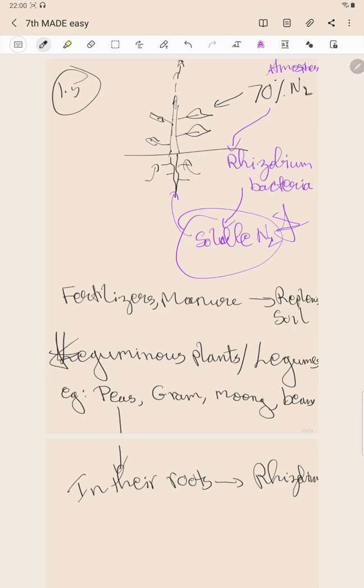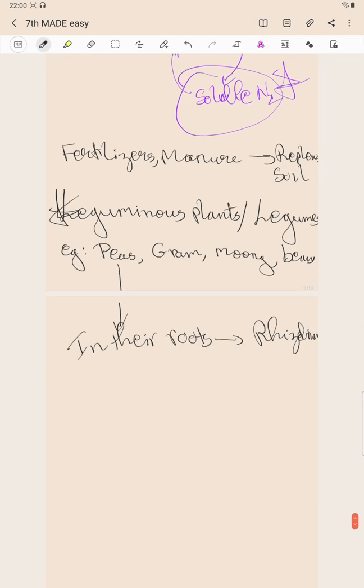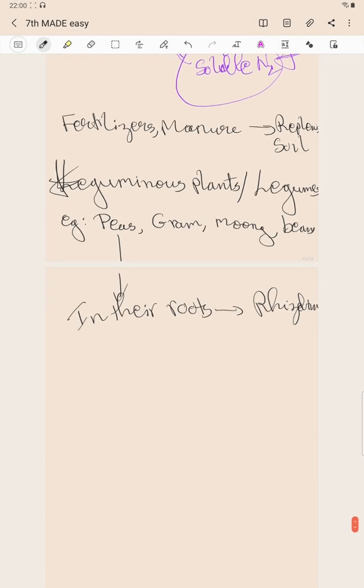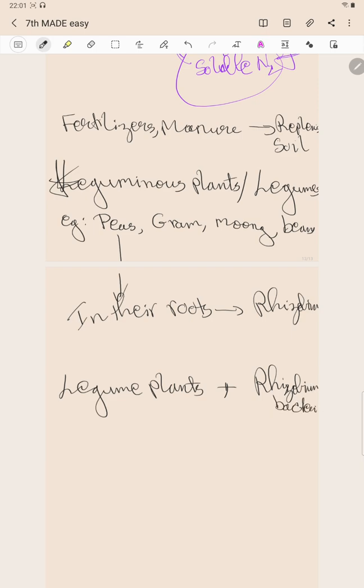nitrogen. So basically this is kind of a symbiotic relationship between legume plants and Rhizobium bacteria. So let us see what the symbiotic relationship here is. The legume plant provides shelter for the Rhizobium bacteria.